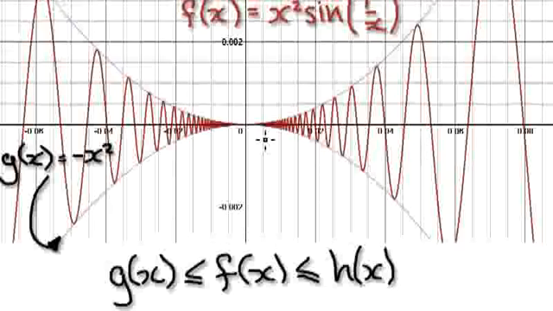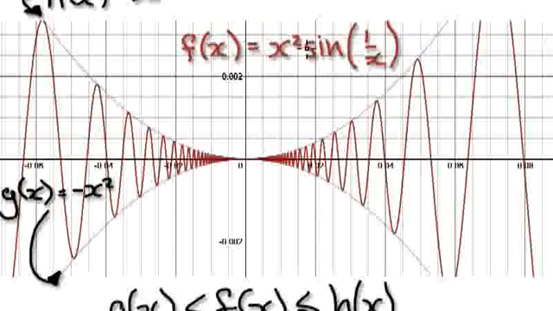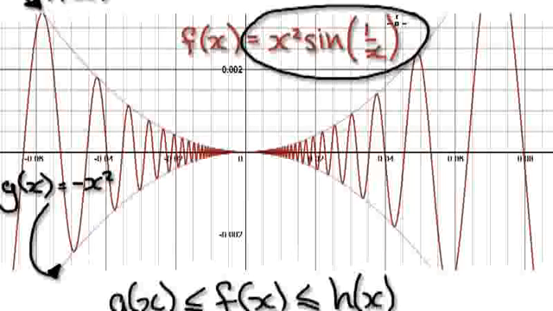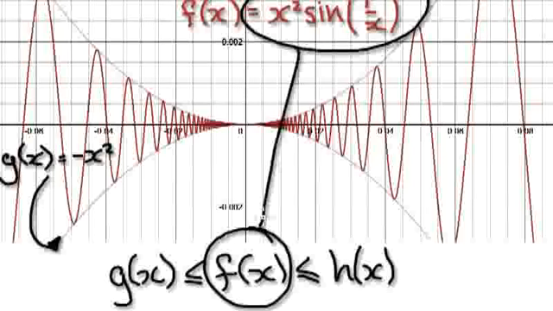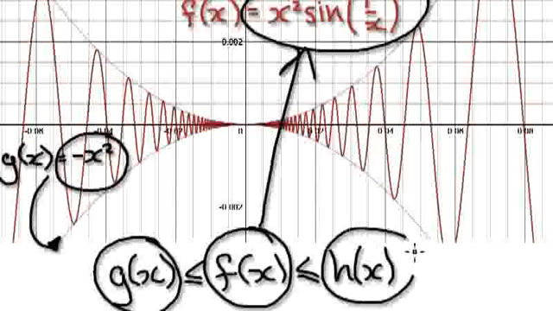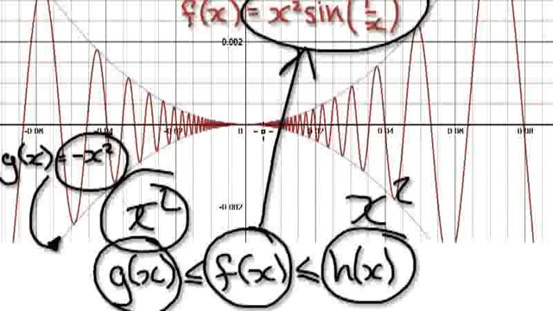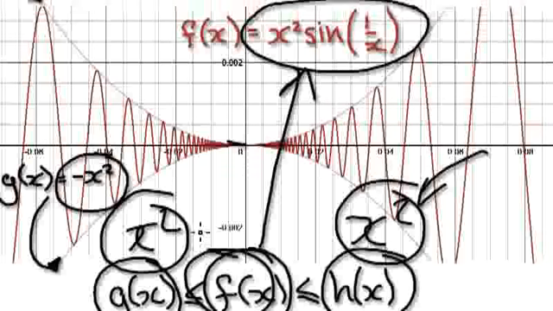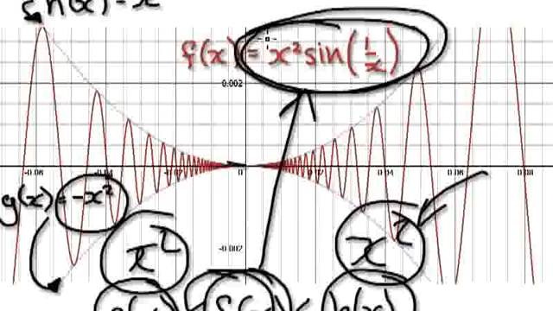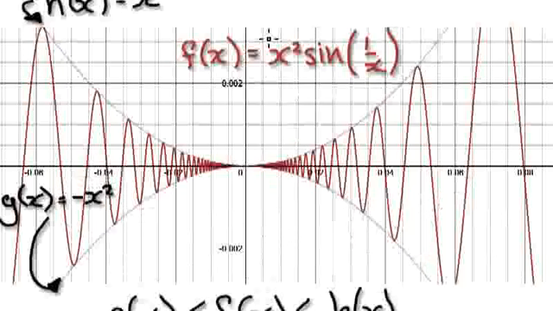My point is that our function f of x is always greater than minus x squared, but always less than x squared. So if the limit of this heads towards 0 and the limit of this heads towards 0, then we can say that this whole f of x will also head towards 0.